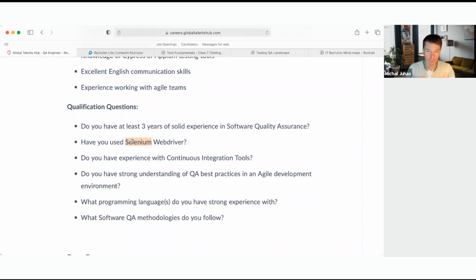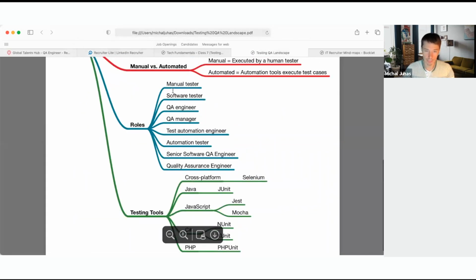And the other keyword is obviously QA engineer, but not just QA engineer, but also these other alternatives. So test automation engineer, automation tester, and quality assurance engineer. Okay, so we can have a few alternatives just because that's what one of these professionals can have on their profiles. Or SDET, yes, correct, great suggestion.